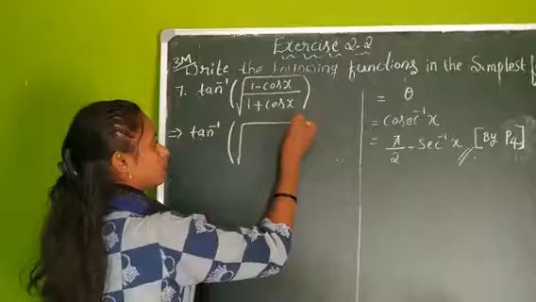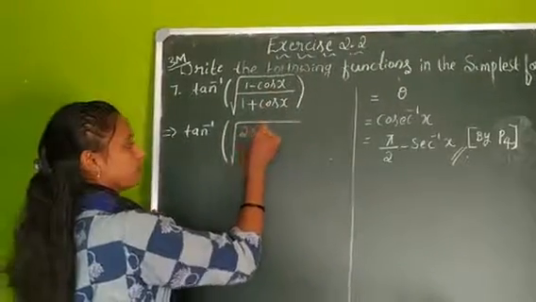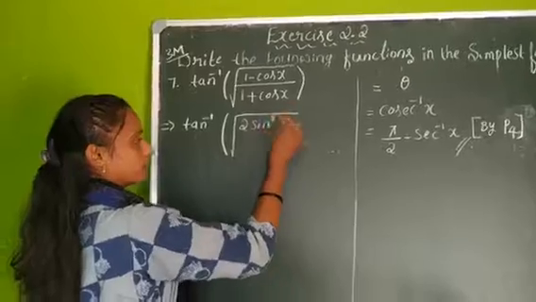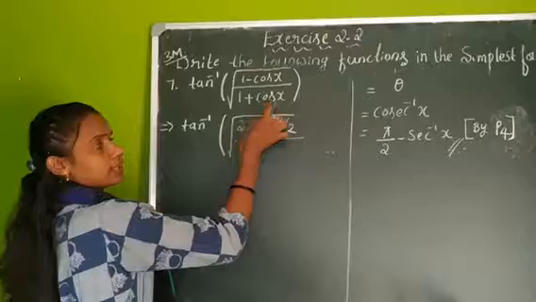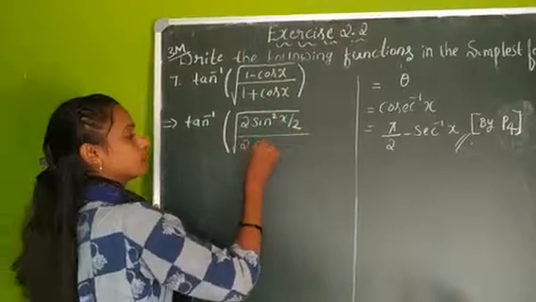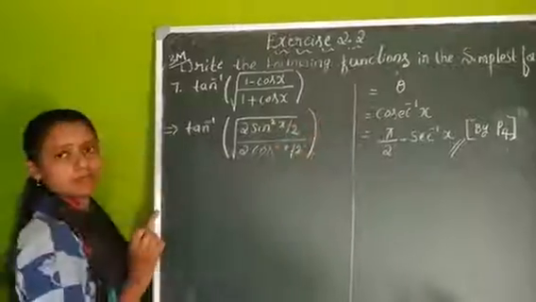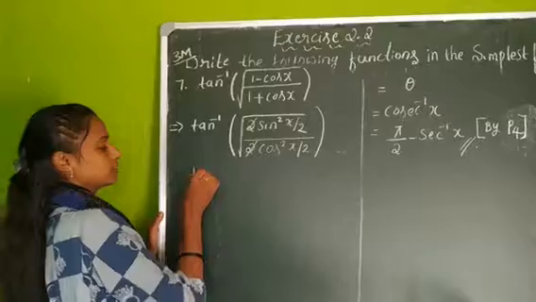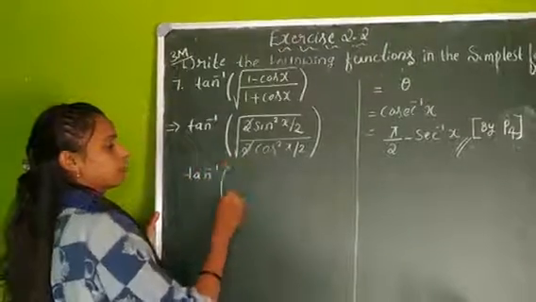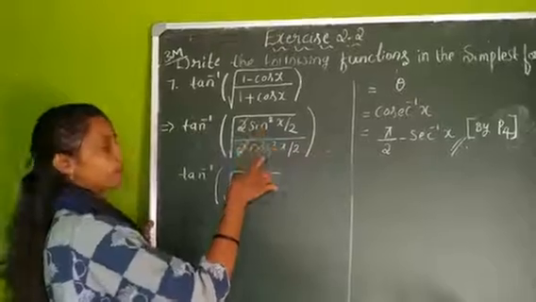square root of 1 minus cos x can be written as 2 sin square x by 2, divided by 1 plus cos, which is nothing but 2 cos square x by 2. Now 2 and 2 get cancelled, and this is tan inverse of square root of sin square divided by cos square.